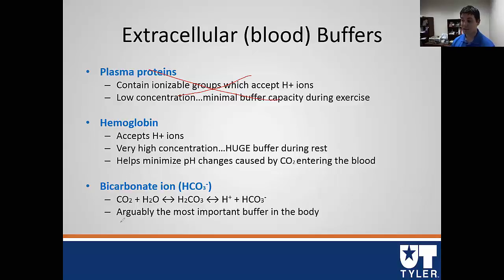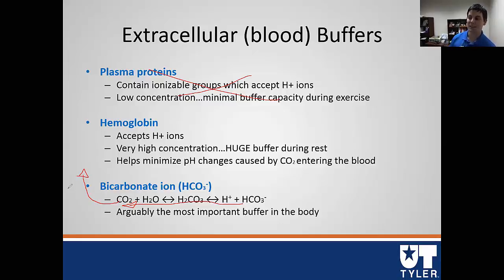And the last but not least is the bicarbonate ion, right? This is, I would say, the most important buffer in the body because it can take the reaction that we talked about earlier of how we produce hydrogen ions from carbon dioxide, and we can now go back the other way, right? So our bicarbonate can go back to carbonic acid, which then in the lungs can be taken as CO2, and we can then remove CO2 from the system as opposed to just binding and buffering.